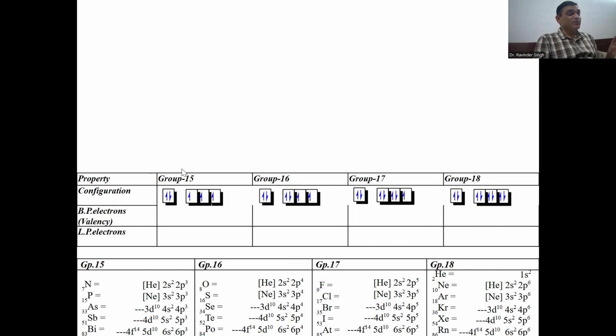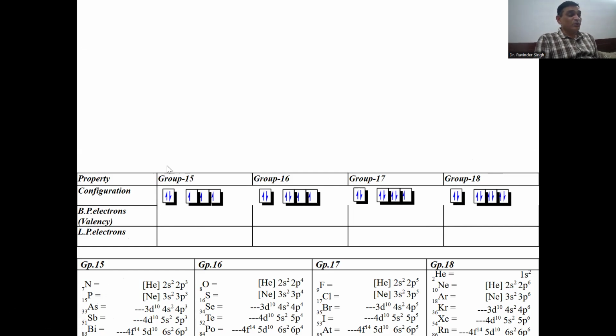In the first element of group number 15, 16, 17, and 18, that configuration you are seeing here with the red and blue half arrows, these are the electrons, and they are only of the first element.